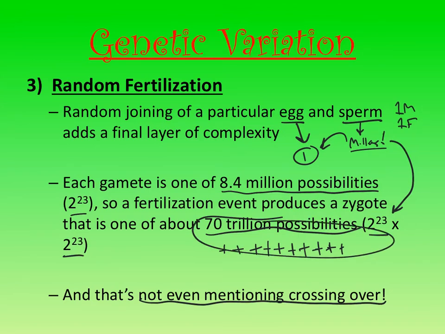So essentially, every individual is unique because we have an uncountable number of possibilities that could give rise to you. And again, when we look at sexual reproduction, we talk about 3 layers: independent assortment of chromosomes, genetic recombination, and random fertilization that contribute to this uniqueness.